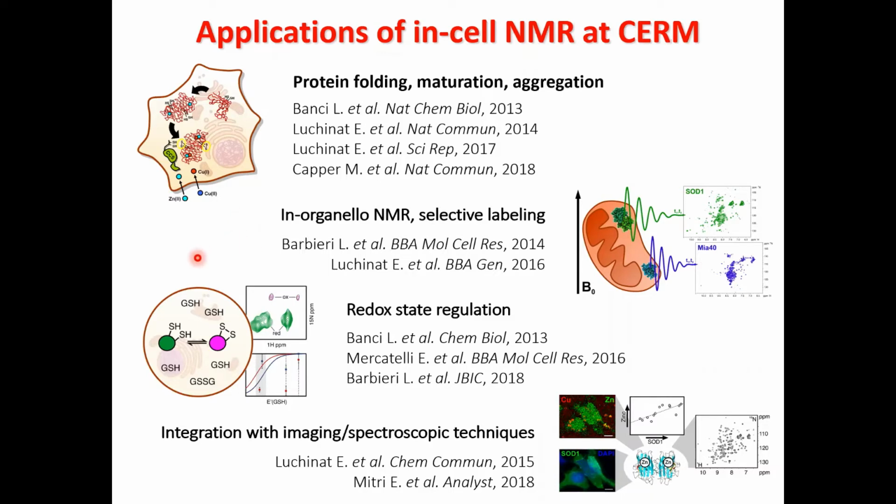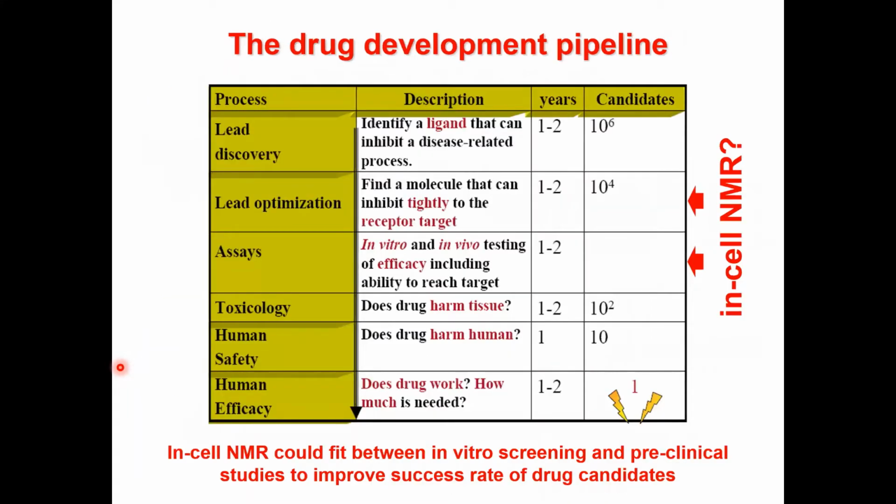Another important aspect for which in-cell NMR is very useful is the direct observation of the cysteine redox states of proteins. Then we also worked to integrate this technique with imaging techniques. So this is just a quick overview of what we do and what we did.